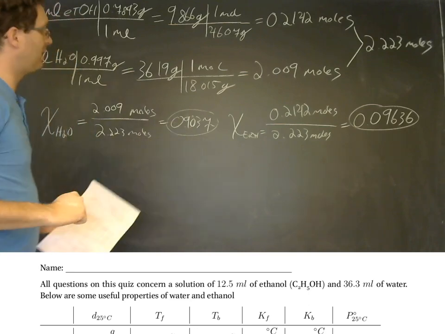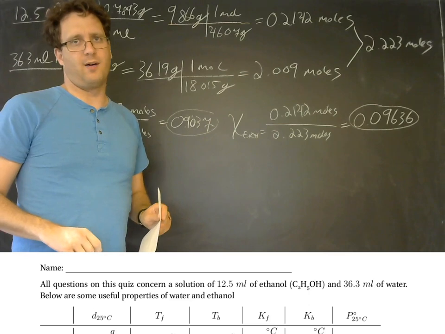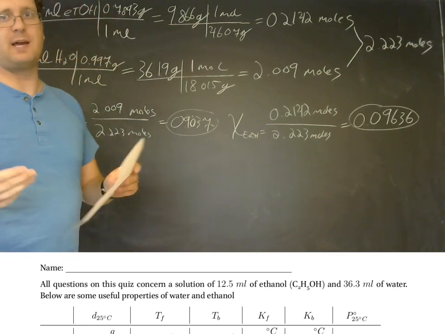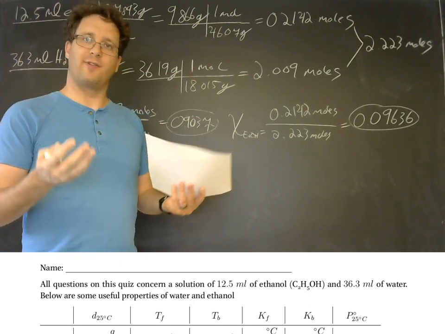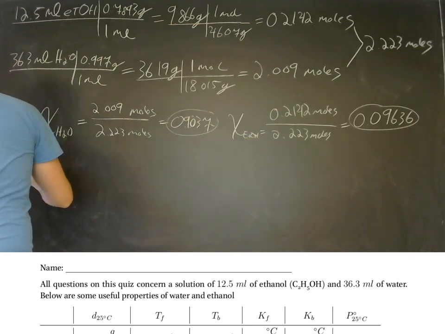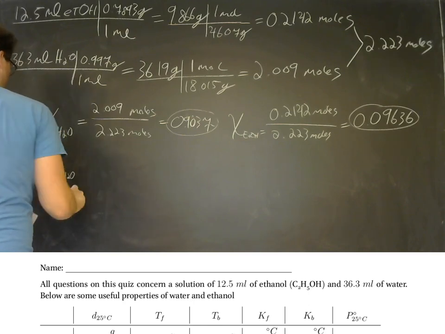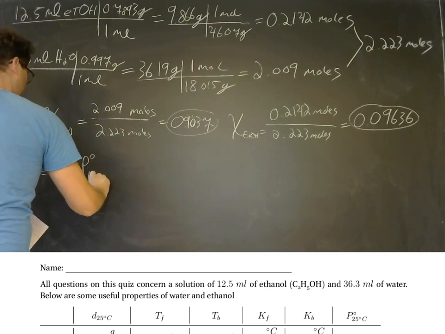Okay, so now that we know the compositions of the liquid phase, we can look at our vapor pressure lowering equation, which says that the observed vapor pressure, we'll say P for water, is going to equal the mole fraction for water times its pure vapor pressure.